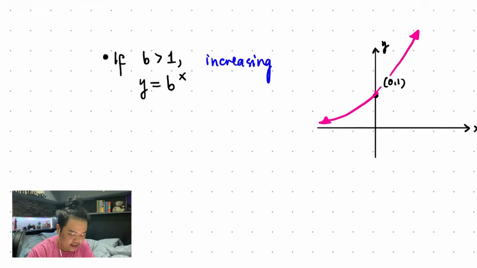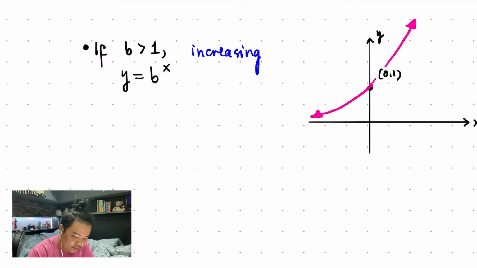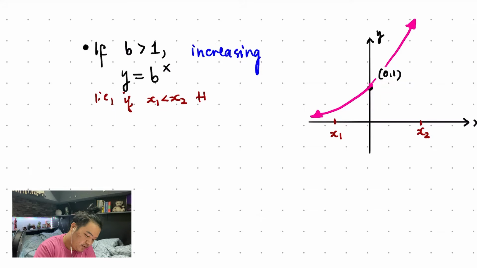And then for the increasing part, we will do the same. Let's say we have two numbers, x1 and x2 in your domain, such that x1 is less than x2. Then, ano kaya mangyayari dun sa b raised to x1 and b raised to x2? So, this is b raised to x1. In-apply natin yung x1 dun sa function. And b raised to x2, somewhere andito.